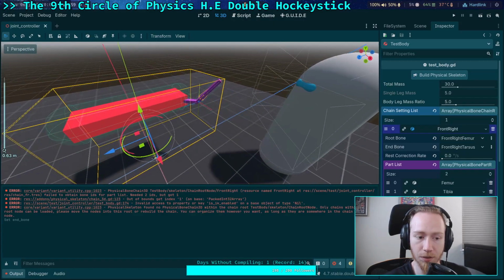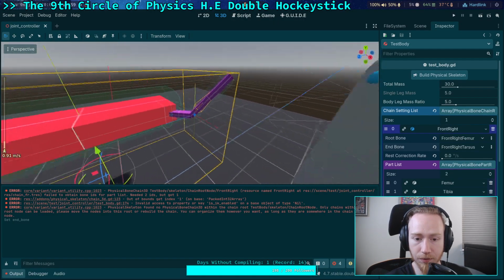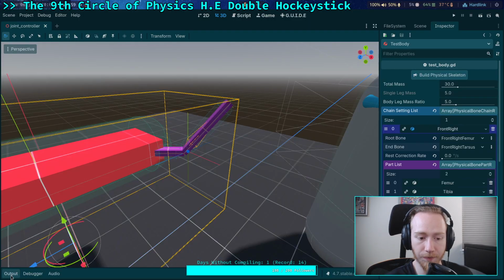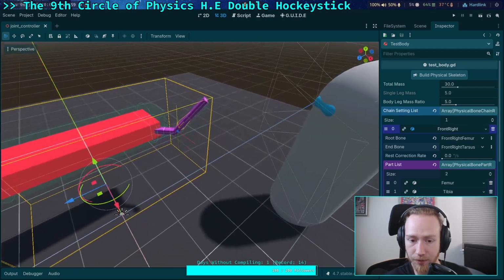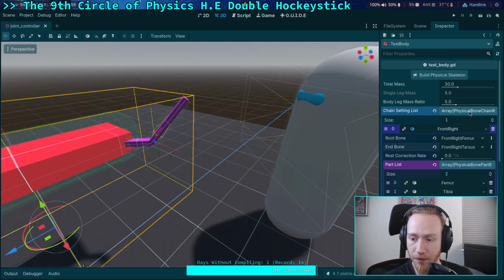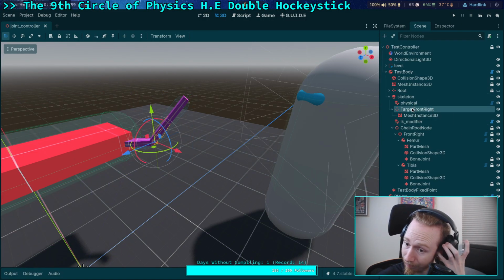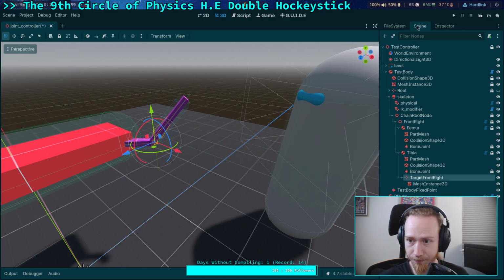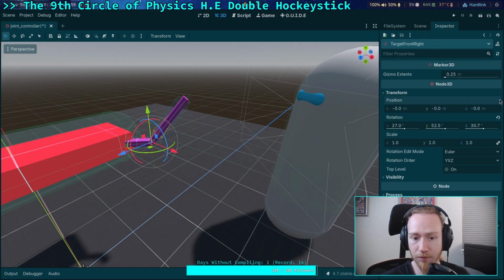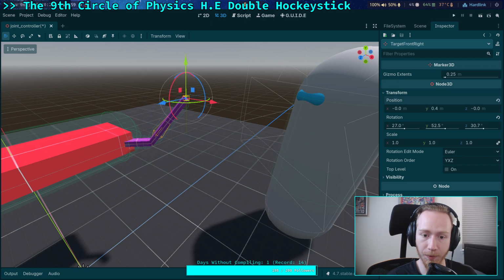Dude, Godot is so weird now. It's like not saving any of these settings correctly. Alright. So 0.4, yeah.